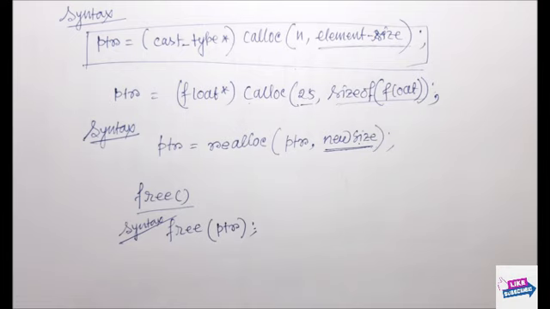So, we always use the free function along with malloc and calloc, so that we can dynamically free that memory which is not required by the program. These functions, malloc, calloc, and realloc, belong to the header file stdlib.h. We also use alloc.h for allocation.